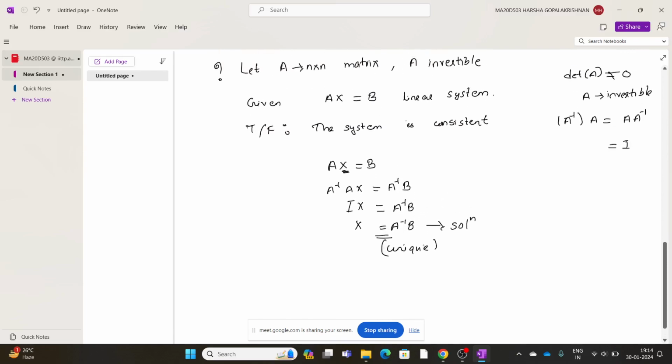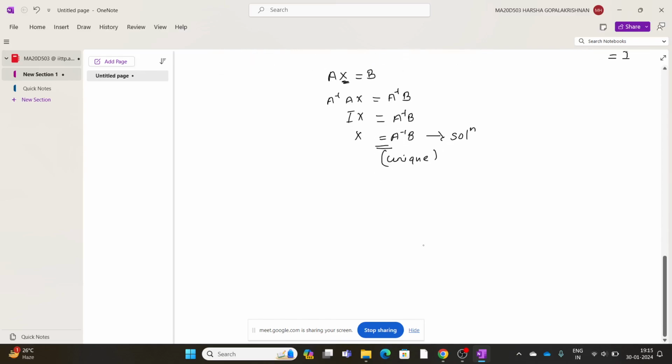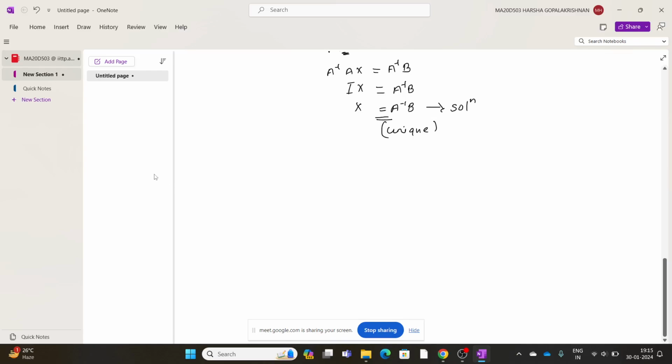Now someone was saying Ax equal to B, since it is equal to B, it has a solution. Let us see what will happen if A is not invertible. Suppose A equal to [1, 1; 2, 2], X is [x1; x2], and B equal to [1; 1].